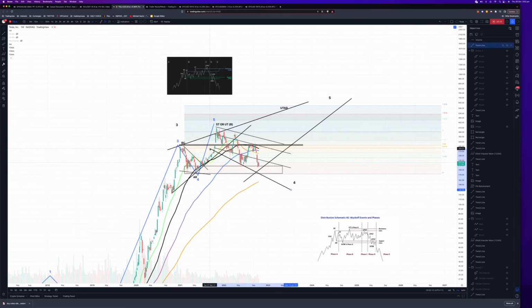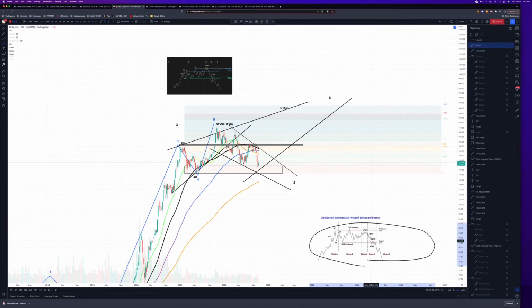If this was to continue down, let's get these ones out of the way. We can look at a descending wedge of some sort, align it with this. See how this section here, we might just break up, maybe a double top, or down here. So we've got to keep an eye on this.